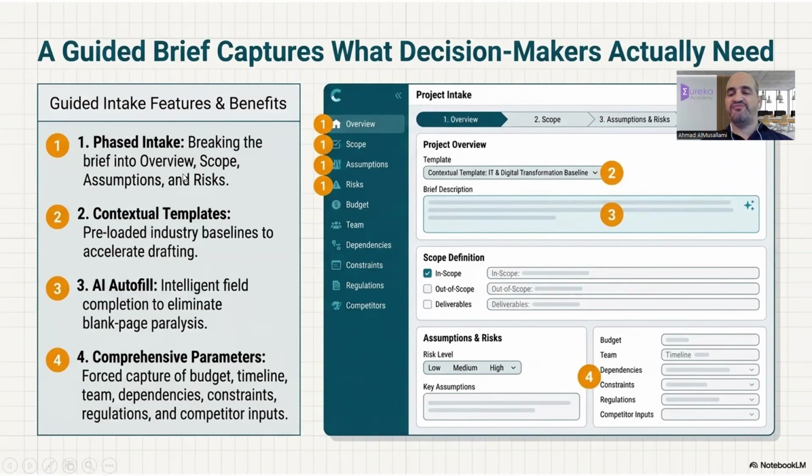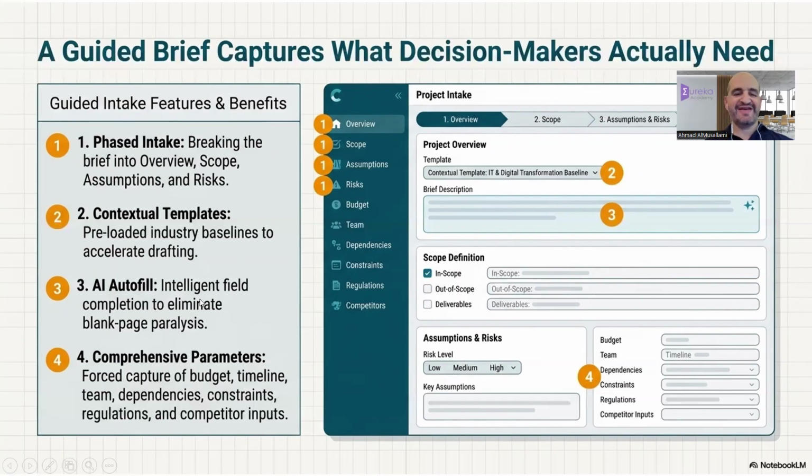Some of the key features here, it is phased intake, so you don't bulk all the input all at once. There are many contextual templates, and also it is autofill.